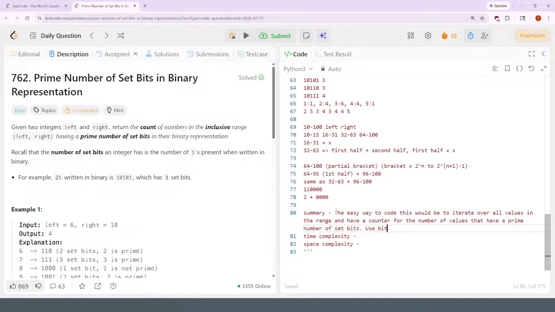Use bit underscore count to determine the number of set bits of a value. That's for Python. I'm not sure what it would be for Java.